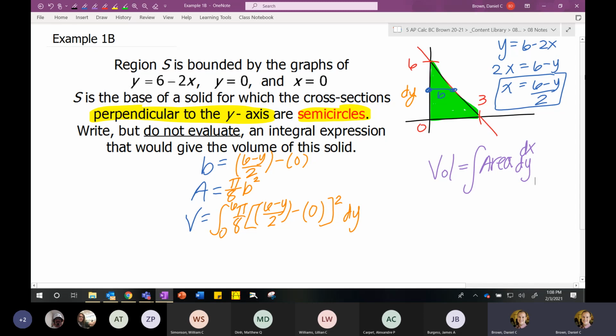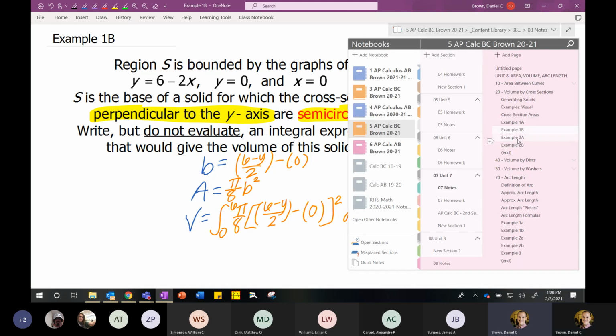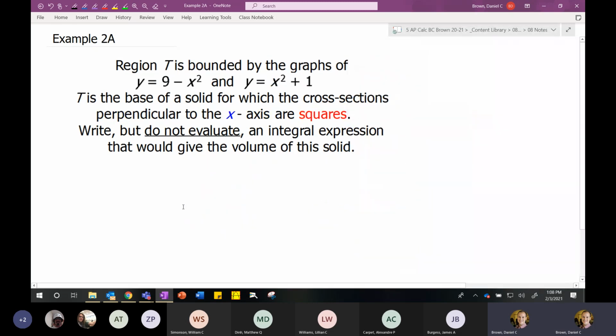All right, two more, changing the region up. Try that one for me. Again, treat this one like an area problem when you're starting it off. Definitely need to figure out what the region is. You should be able to graph those by hand. You do need to figure out where that region is starting and ending, so you probably need to algebraically find the intersection points. And then figure out what b is.